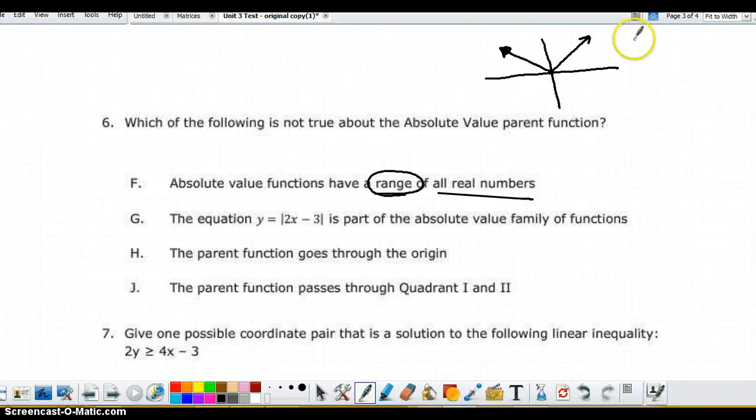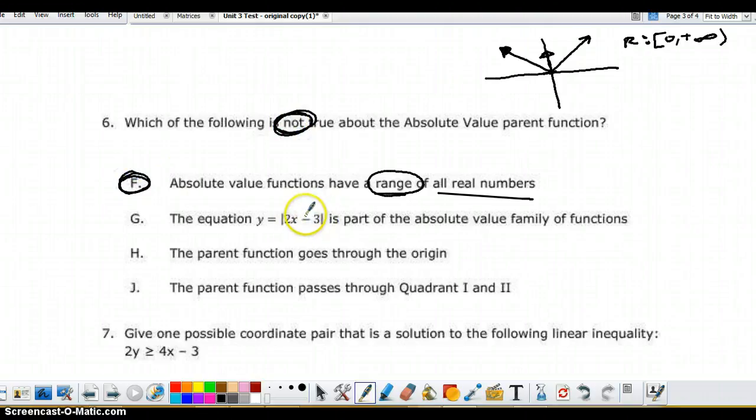Well, the range, or the y values for this, start at 0 and then go to positive infinity. That is not all real numbers. So that's the one that's not true.